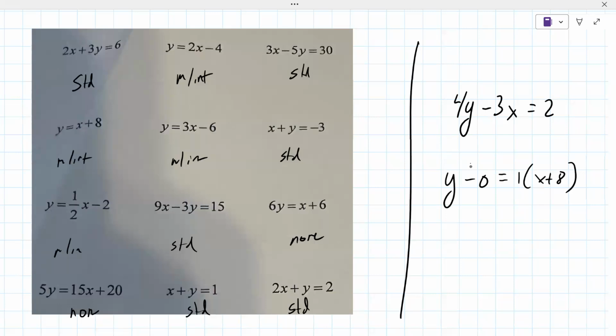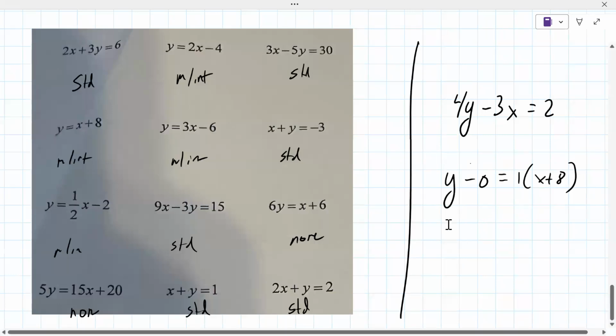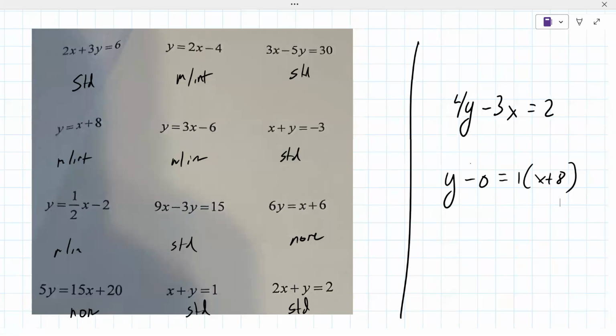Yeah, that's true. I don't know. Sometimes I'm probably getting too deep into the analysis here.